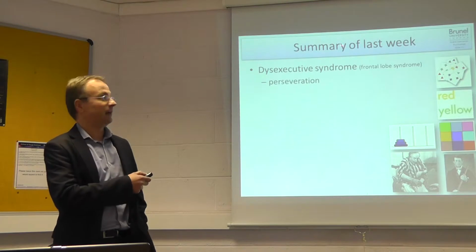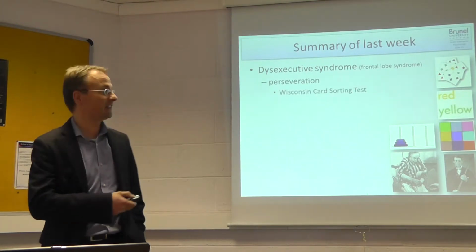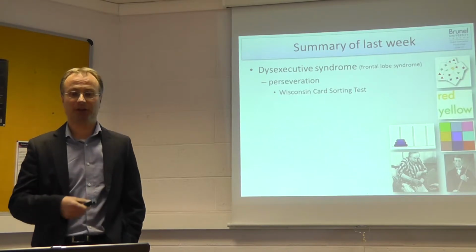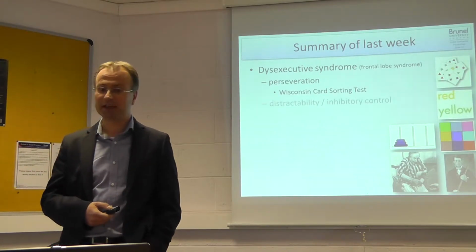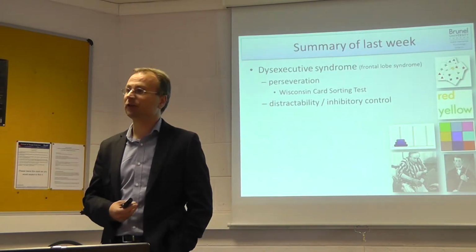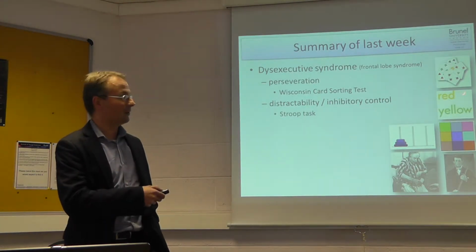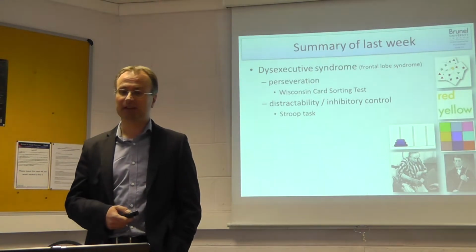Perseveration, we said, we can test using the Wisconsin card sorting test, where you have to sort the cards according to different rules. We can test for impairment of distractibility or inhibitory control by using the Stroop task, where you have to name the ink instead of reading the word.